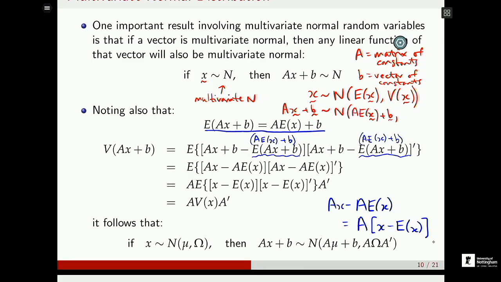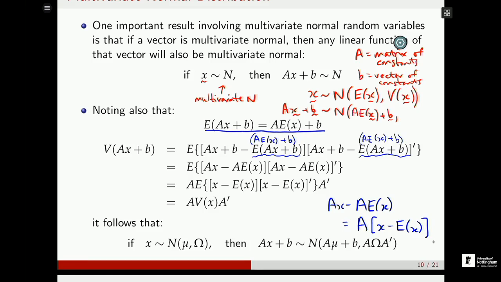So we can't put it at the back, but we can pull it out the front and preserve that order of multiplication. And so in the first part, that's what we've done here, an A has come out, and it can come outside the expectation because it's a matrix of constants, so we can pull the A right out outside the expectation at the beginning.